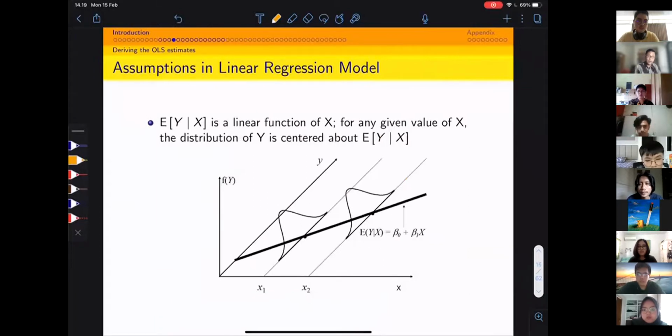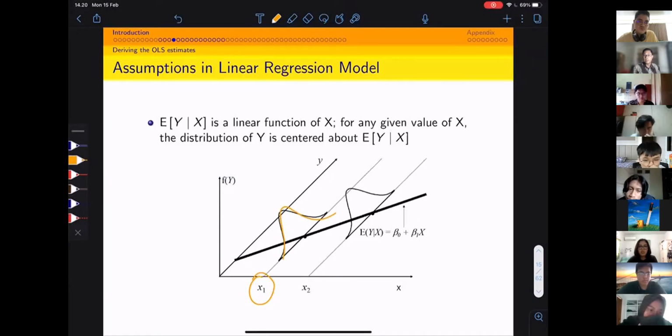Now, given that the only variable that should predict y is x, this is a graphical depiction of the conditional value of y on x. The conditional value of y conditional on x is going to be a linear function of x. So for any given value of x, for example x equals x1, the distribution of y is going to be centered about the expected value of y given x.